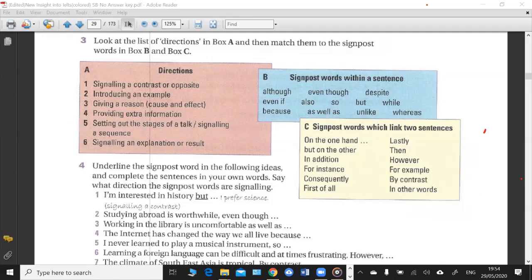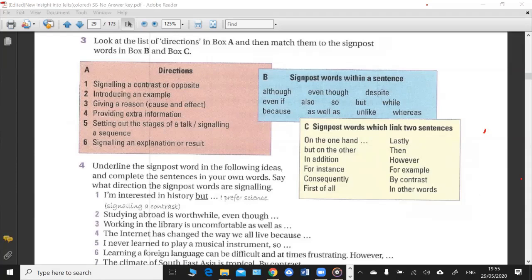I repeat, number 1, signaling a contrast or opposite. You can say although, despite, even though, whereas, however, but, unlike, while, on the other hand, by contrast, even if.